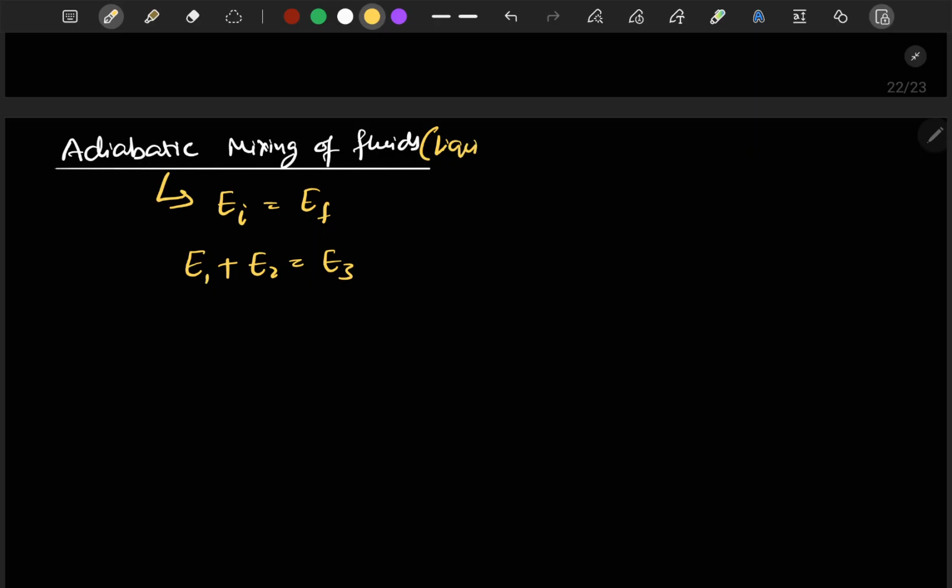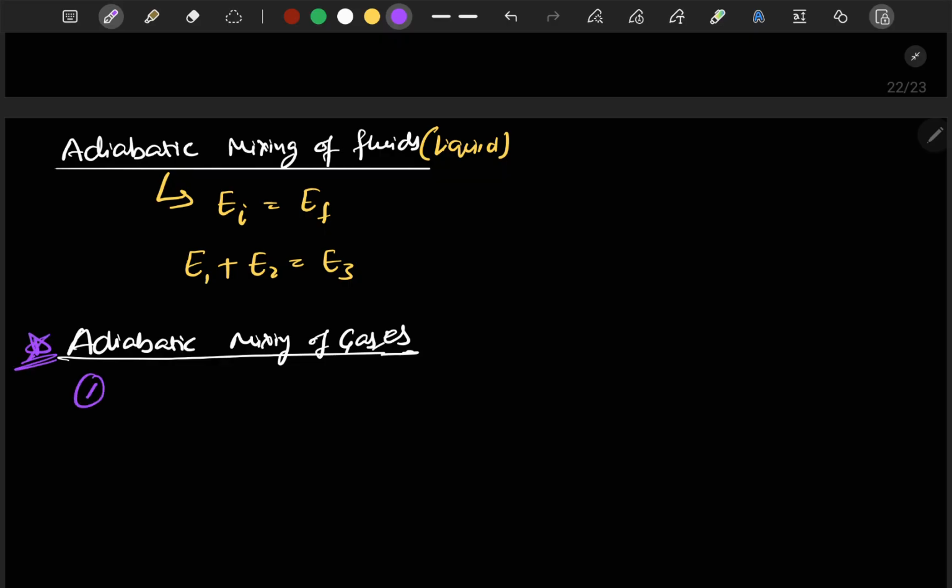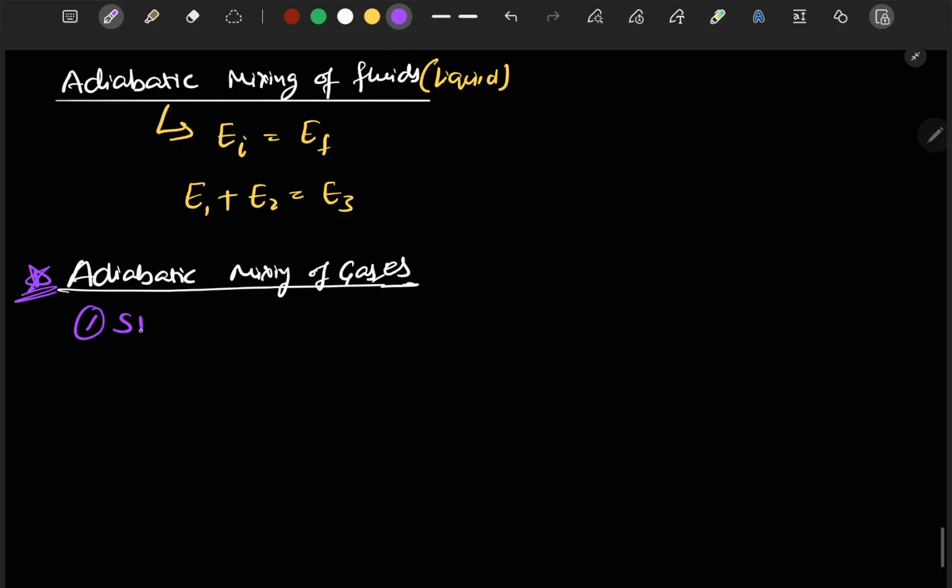Now if the fluid is gas, and it is given that there is adiabatic mixing of gases, of course there will be multiple gases. There are three important points you should remember. The first is you should use state equations, to link all the properties given.